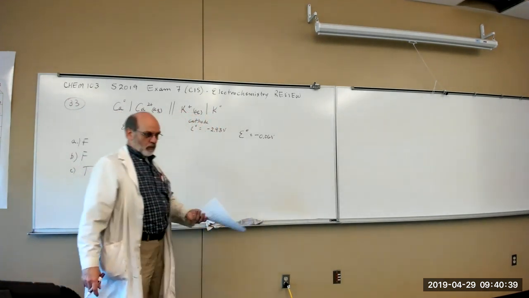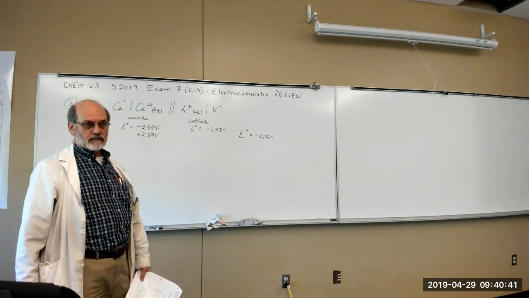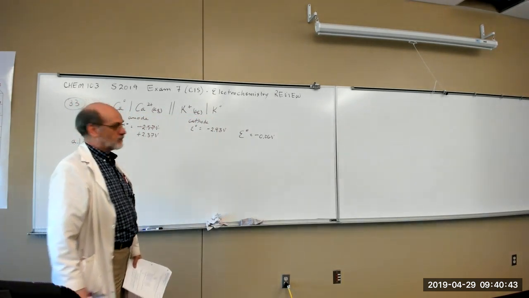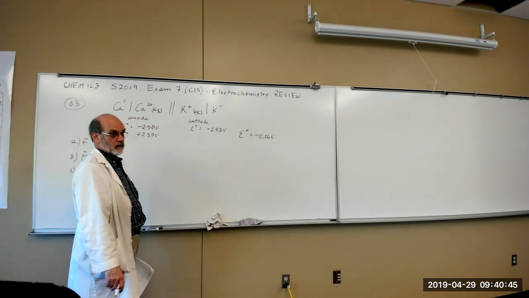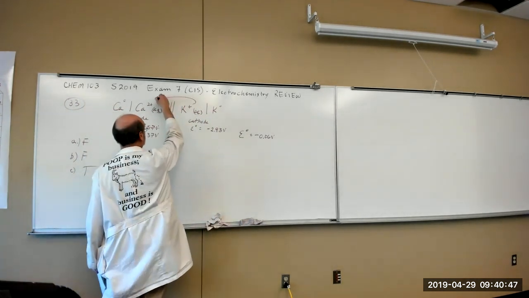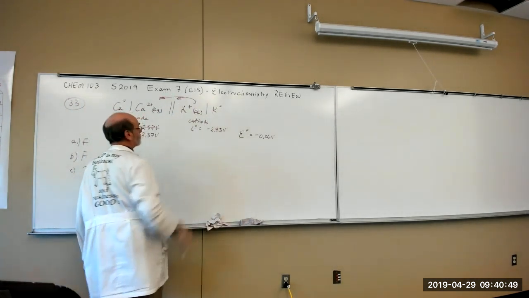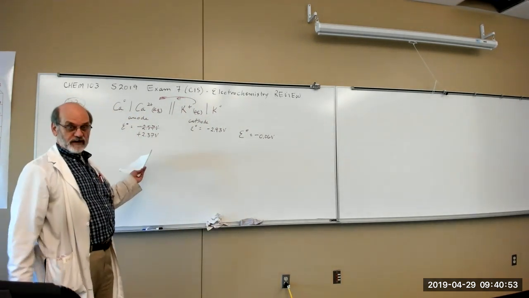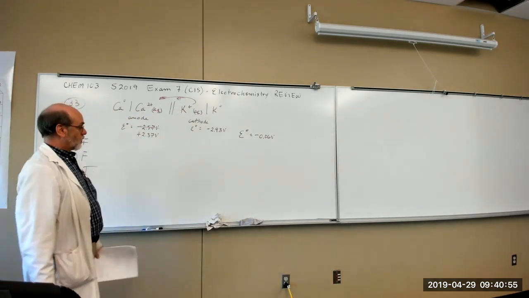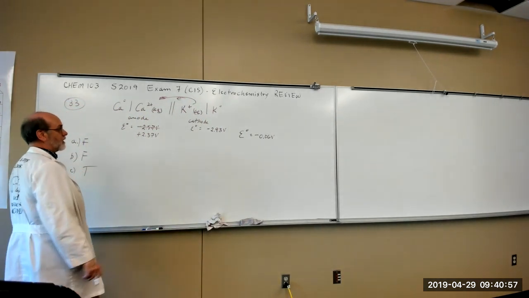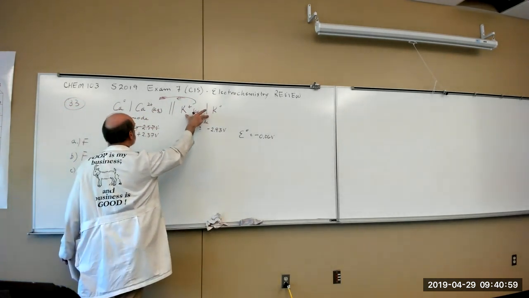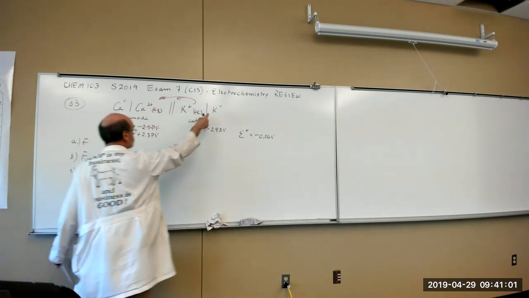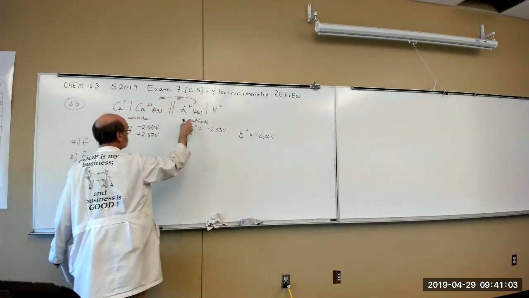Now, which way would it be spontaneous? When you hook that cell up, which way is it going to go? It's actually going to go that way. It's going to go backwards to the way we've got it written. So if you want to write the spontaneous cell, you would put this over here, actually with that one over here.